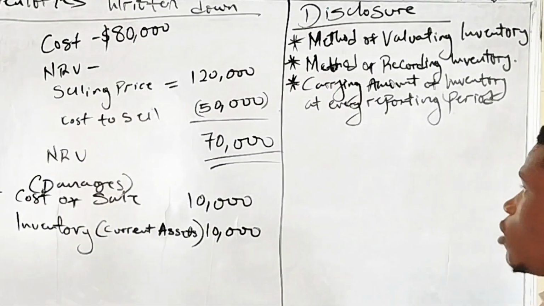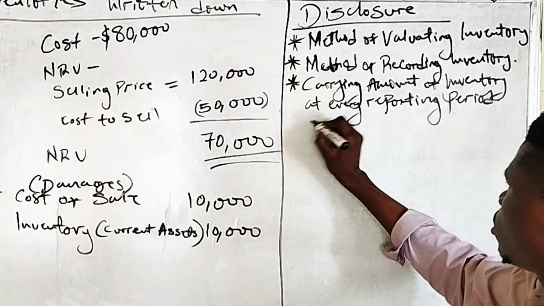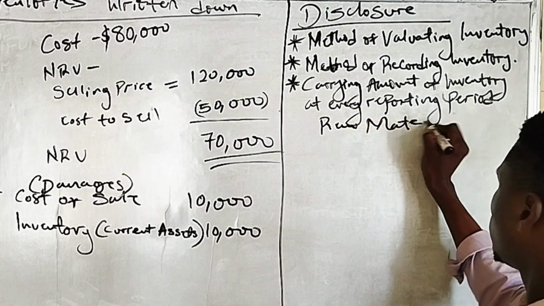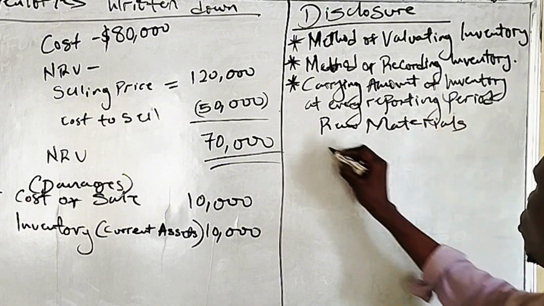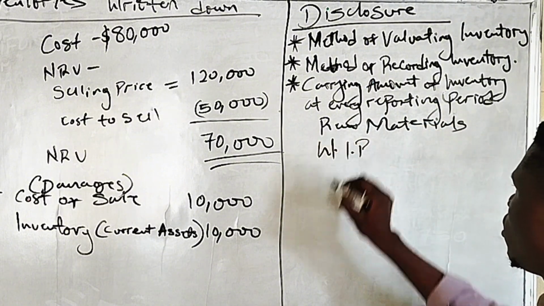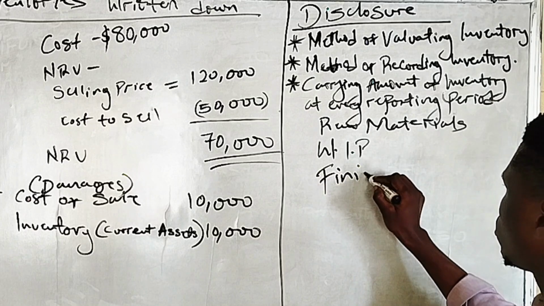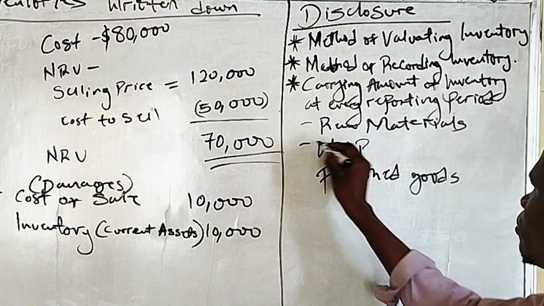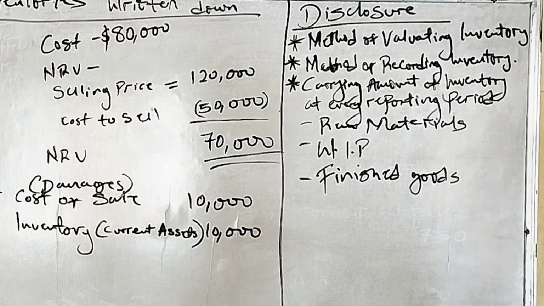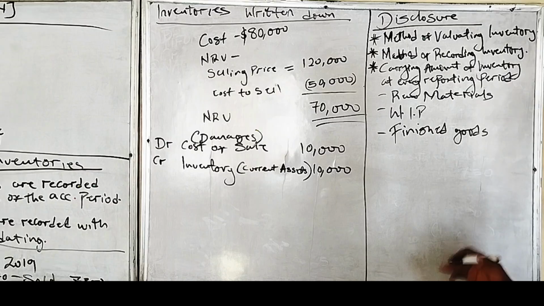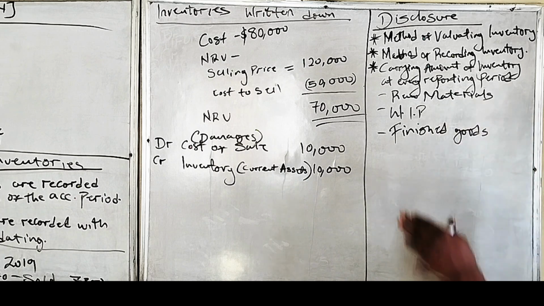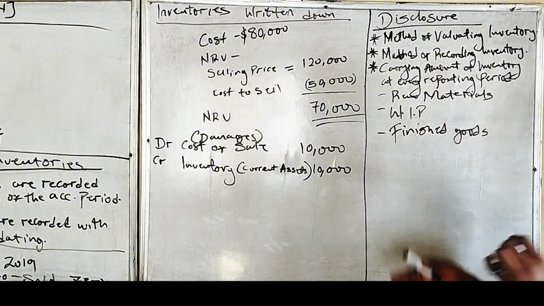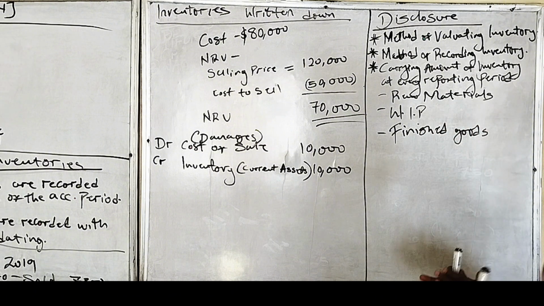Remember that for a manufacturing company, inventory is divided into raw materials, work in progress, and finished goods. So you must state the carrying amount, which is the current worth of your inventory at the end of each reporting period. And it must follow the measurement according to IAS 2, meaning that it must be measured at the lower of either cost or your net realizable value.